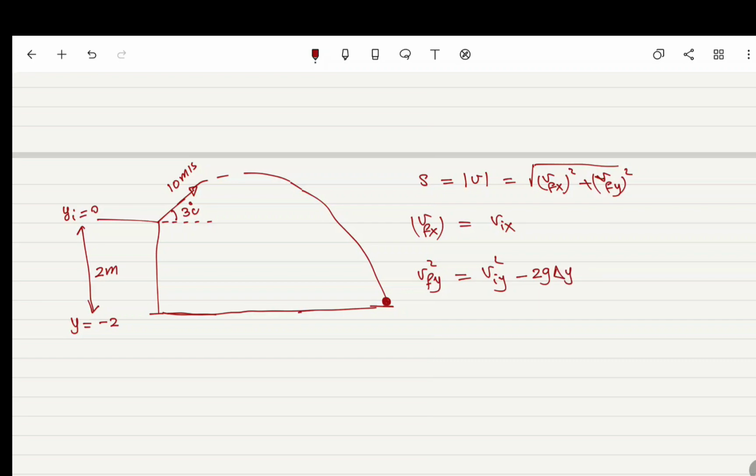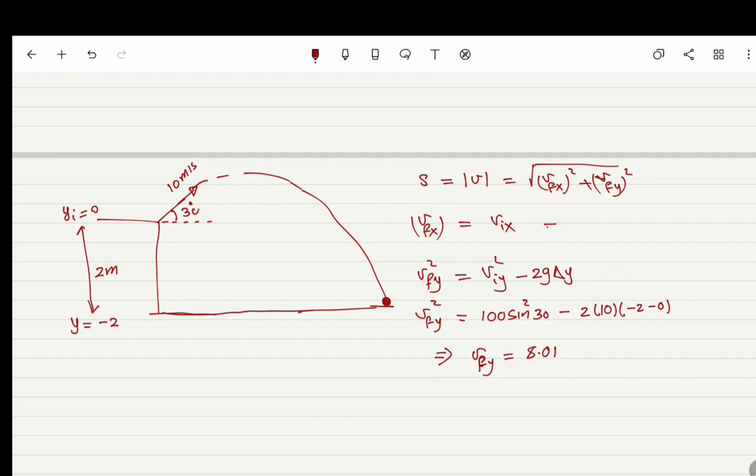In this case here, it's 10 sine 30 square, minus 2 times 10 times minus 2 minus 0, equal to v final y square, and simply you will find v final y equal to 8.01.